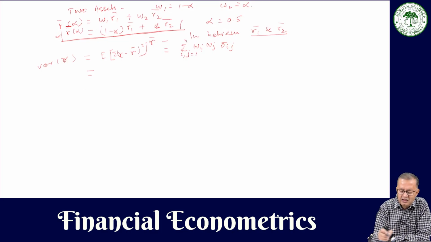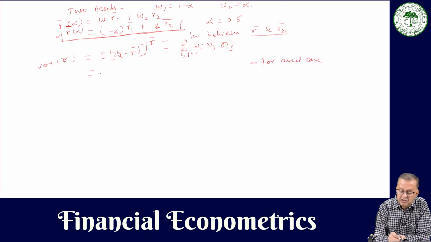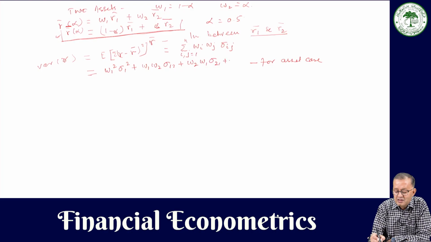For the two asset case, we can write it like this: W1 square sigma 1 square plus W1 W2 sigma 1 2 plus W2 W1 sigma 2 1 plus W2 square sigma 2 square.